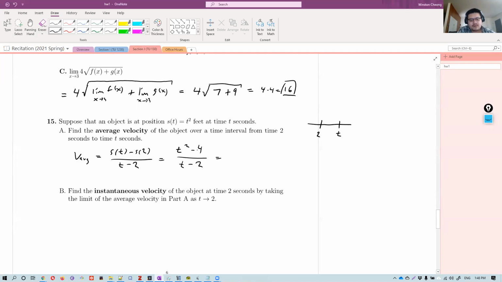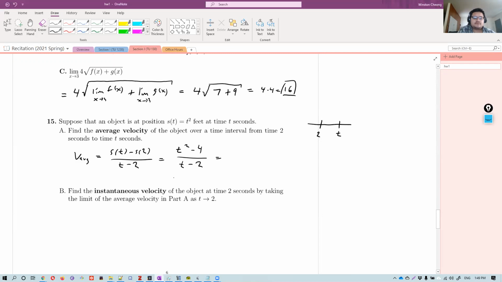Now, hopefully it's immediately clear that this simplifies. But I had to ask the other recitation. So let me ask you guys, what does this become? Is it the t squared minus 4? I'm talking about the whole fraction. You can simplify the whole fraction. Oh, well, it would be t minus 2 and t plus 2 on the top.